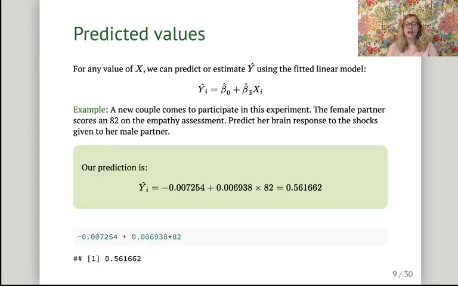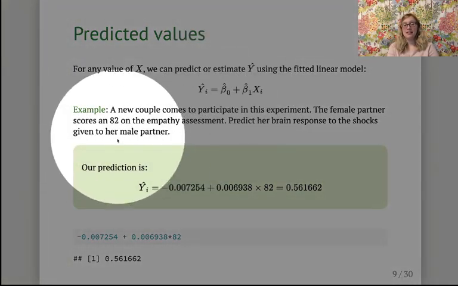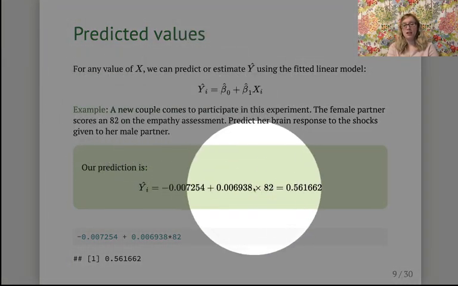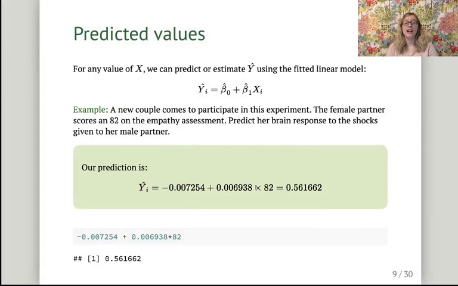Our prediction would be found by plugging in 82 for our x. So y hat is negative 0.007 plus 0.0069 times 82, or 0.56. So we predict that she'll show about 56% of the brain activity as she did when she herself was shocked.